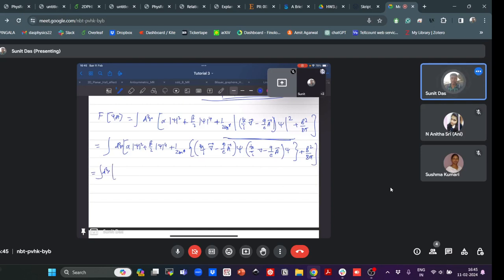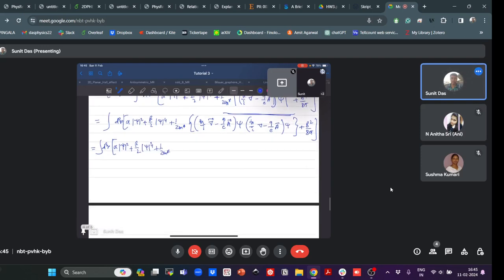The integral d cube r of alpha mod psi square plus beta by 2 psi to the power 4 plus 1 by 2m star.